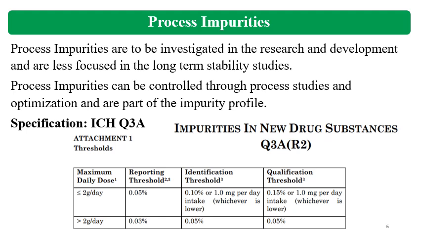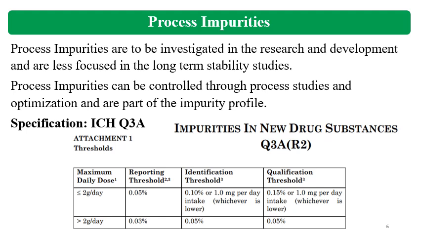See, impurity profiling should be there for all the types of impurities, whether these are degradant or whether these are process related. So specification as per ICH Q3A, impurities in the new drug substances, I have included here, and these are given based on the maximum daily dose.